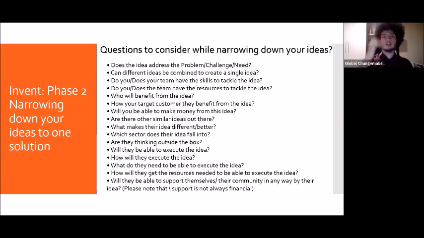On the y-axis, you're going to say feasibility, and the x-axis is going to say your reach or impact. So ideally, this is how it will look.